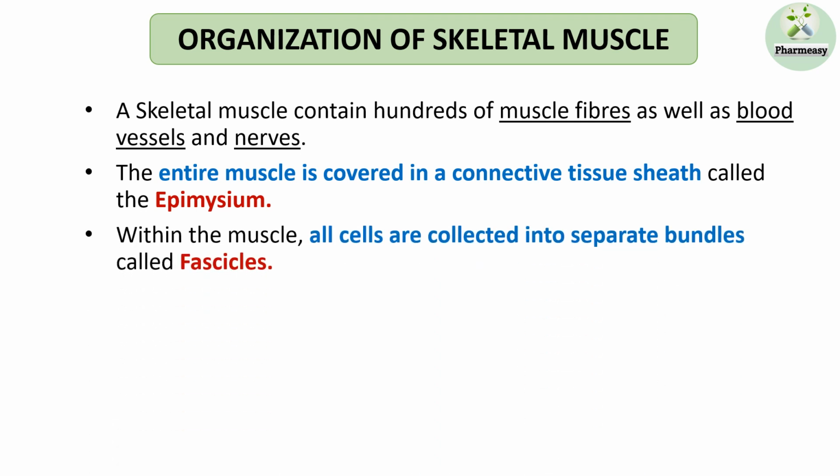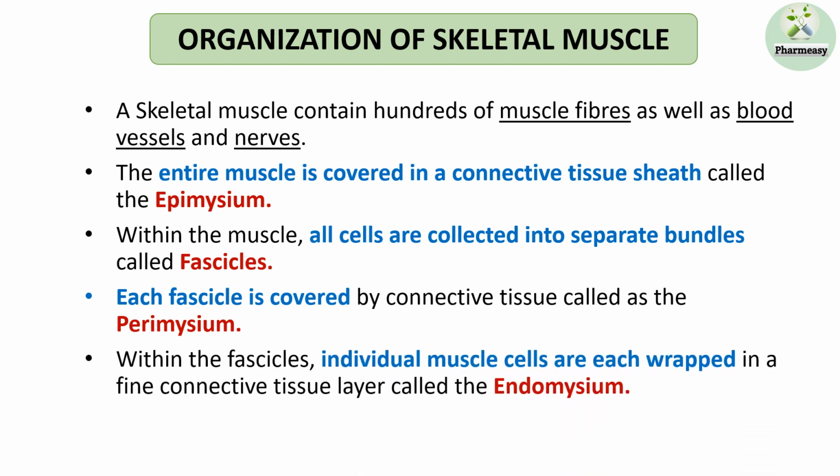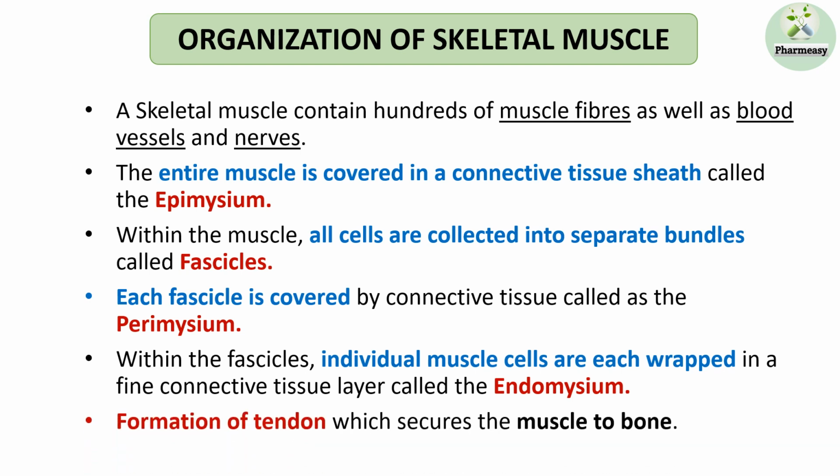Within it, cells are collected into separate bundles called fascicles. Each fascicle is covered by a connective sheath, perimysium. Within the fascicles, individual cells have an outer covering sheath called endomysium. Skeletal muscle is attached to bone by the tendon.